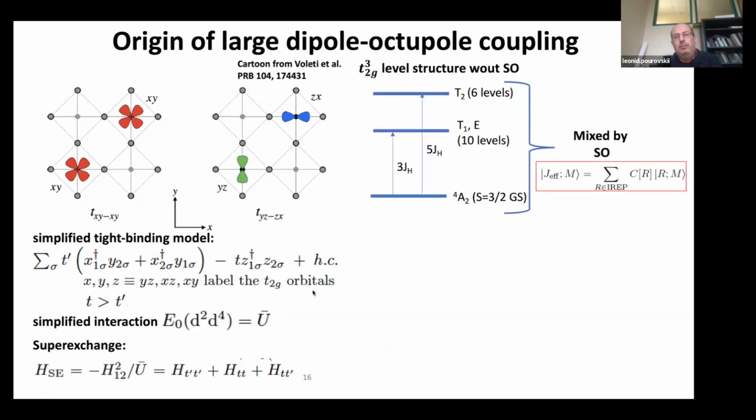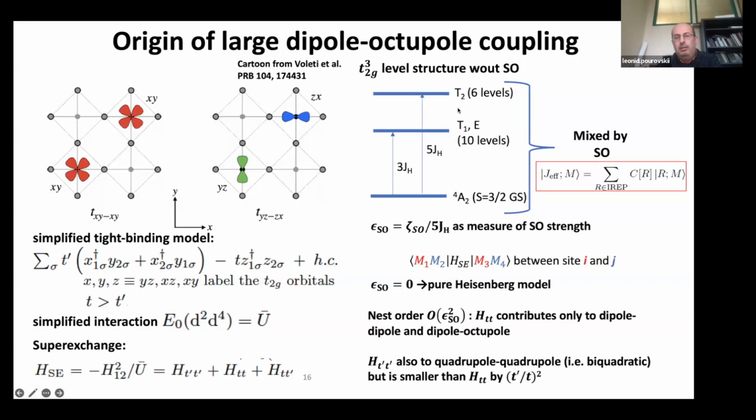And then what one sees once spin orbit is introduced, there is a splitting of levels, and then there is a mixture due to spin orbit of some of these excited levels into the ground state. And then one can calculate matrix elements of superexchange with this wave function.